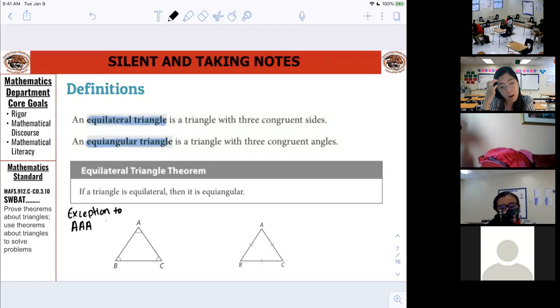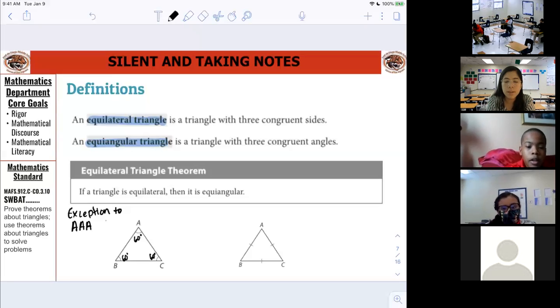So if all 3 angles are the same, how much is each angle going to measure? If all of them are the same, and we know they have to add up to 180, each is 60. So this is 60, this is 60, and this is 60.